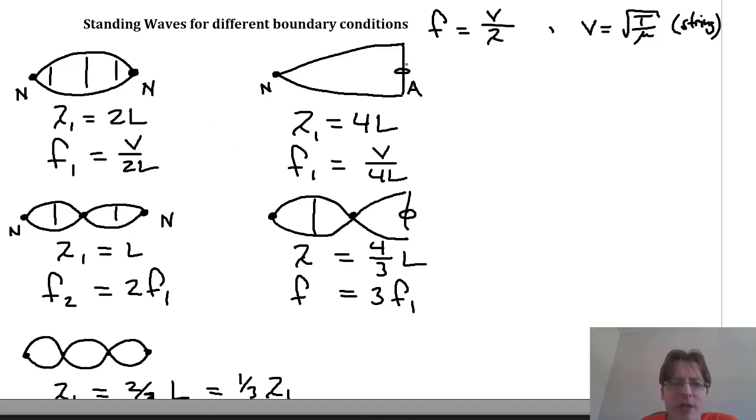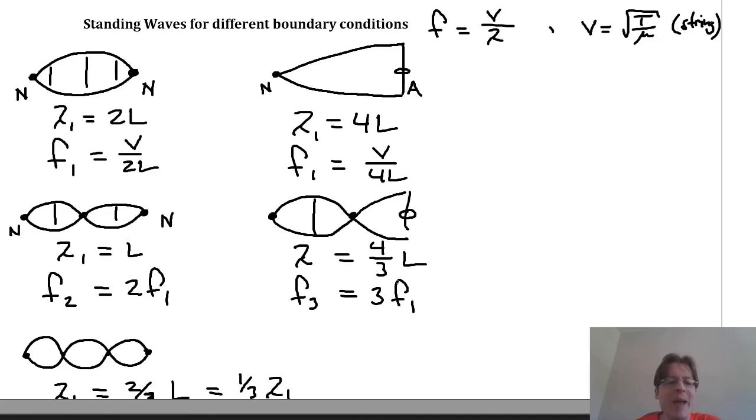Notice how changing the boundary not only made the pitch lower for the lowest frequency compared to this one, but it also means you skip some of the resonances in between. You go from F1, there is no F2, you skip right to F3.